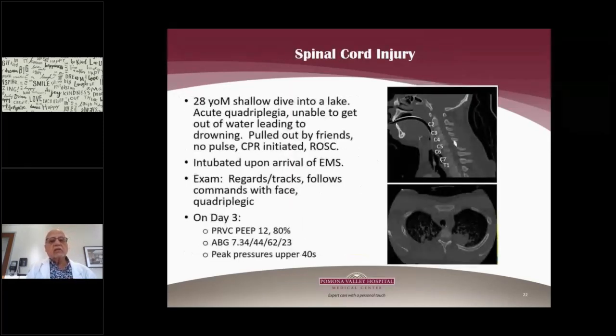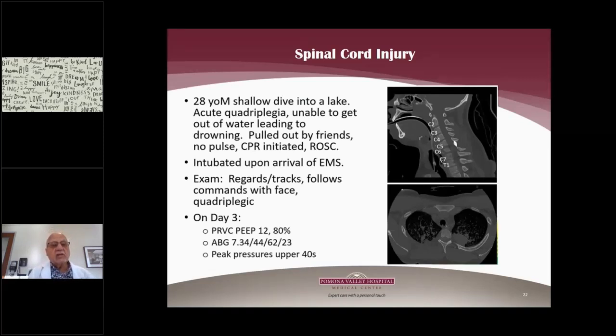Another scenario is a spinal cord injury. This is a 28-year-old male who dove into a lake and became paraplegic by injury. You can see the fracture of the spine and displacement right at the sixth and seventh C-spine.